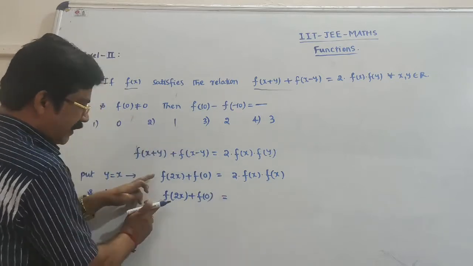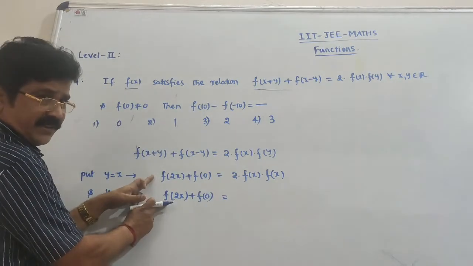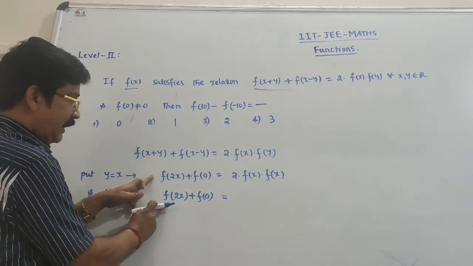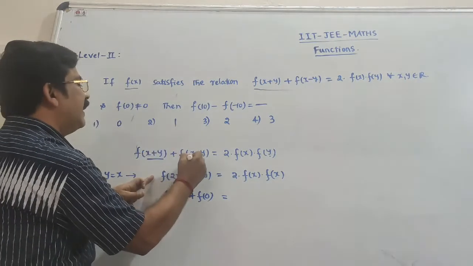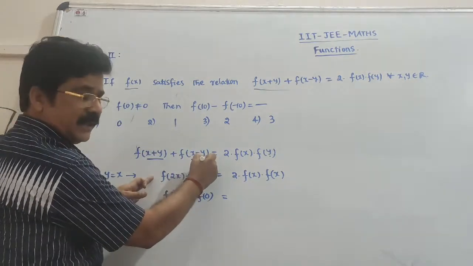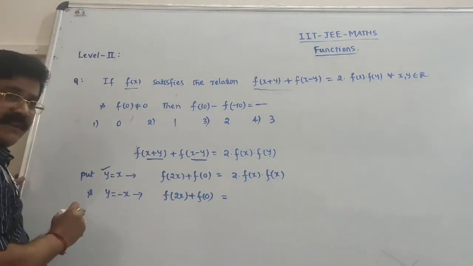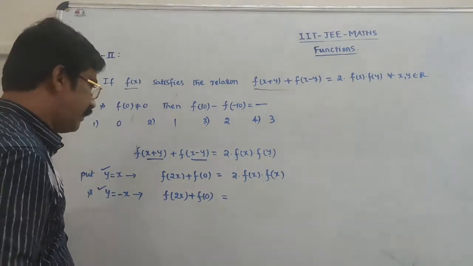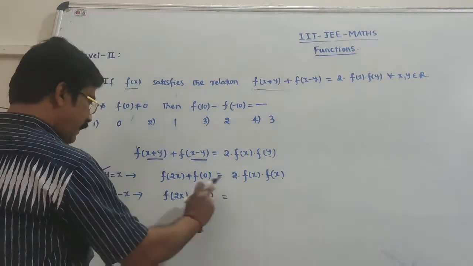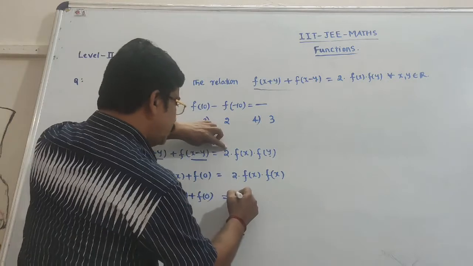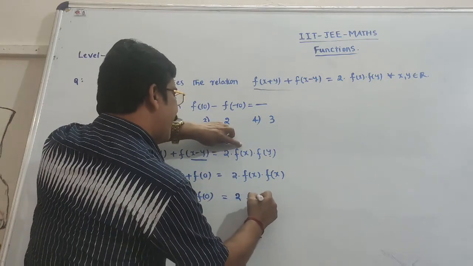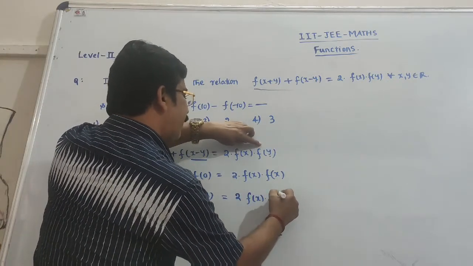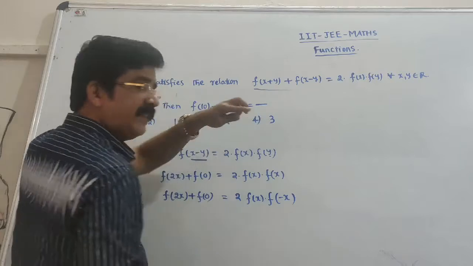That's why on one side we are getting the same values when it is in the form of x plus y and x minus y. That's why in the first case we put y equal to x, and in the second case y equal to minus x. What will be the RHS? 2 into f of x into f of y, where y is minus x in the second case.